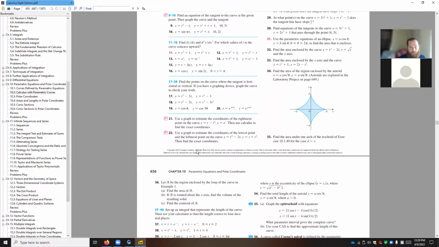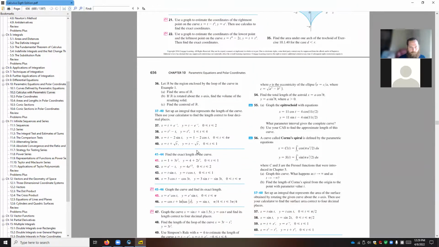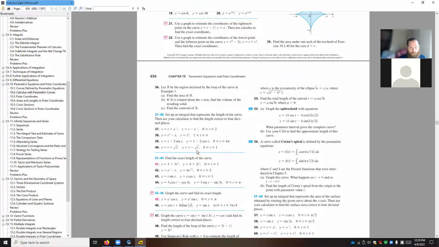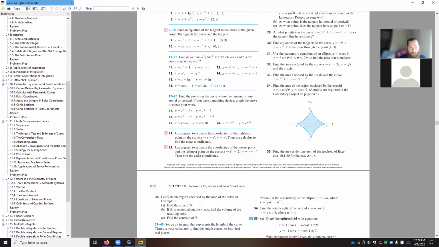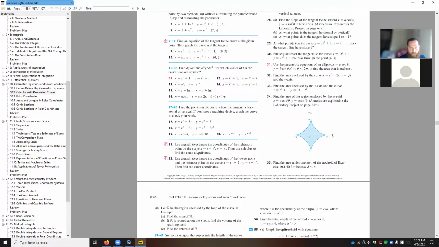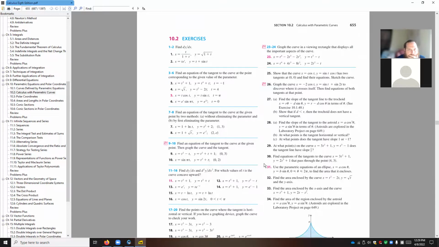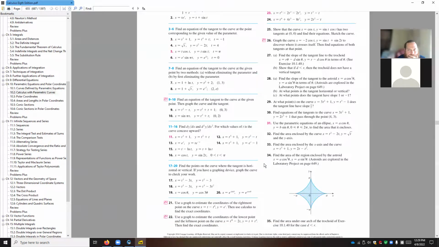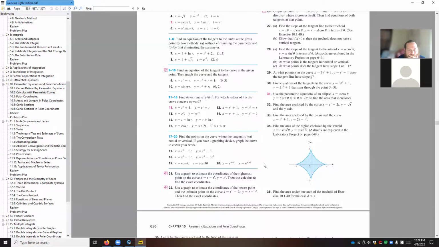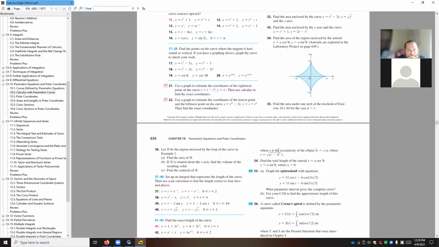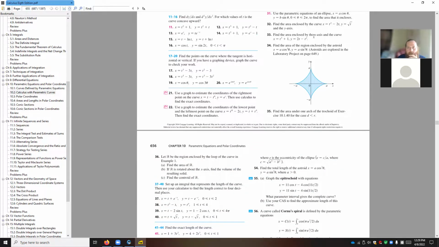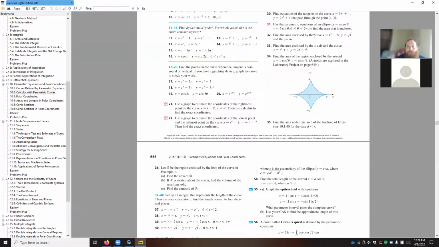And where's the area stuff? I know there was an area. Here it was. Yeah, find the area bounded by this one, x equals t squared minus 2t and y equals root t. All right.